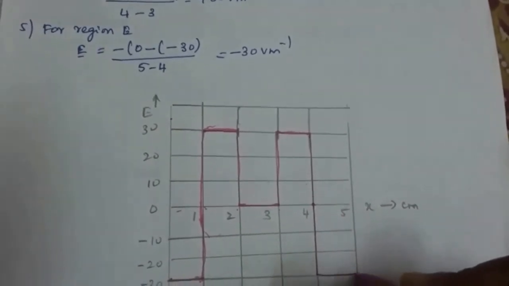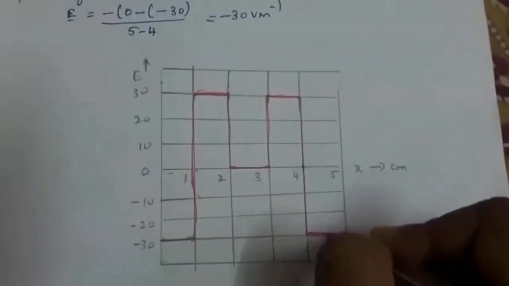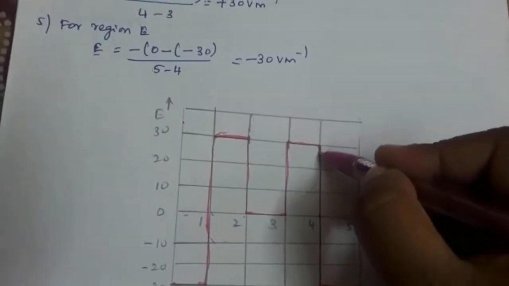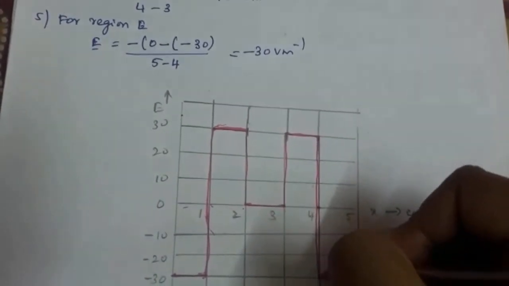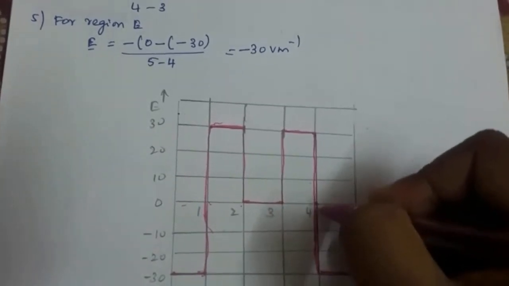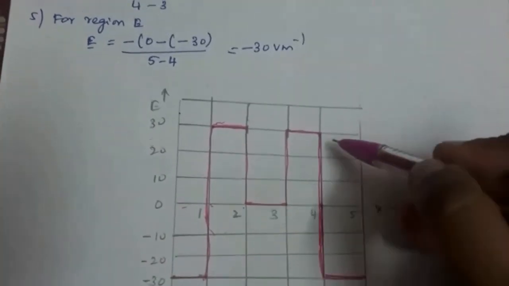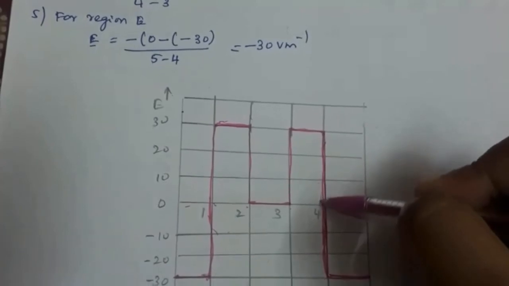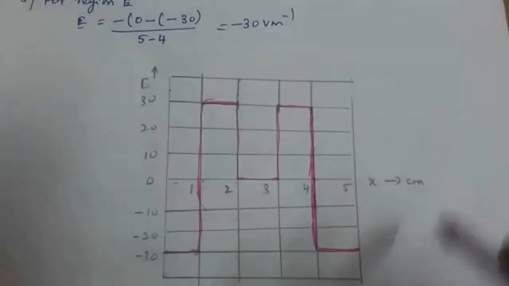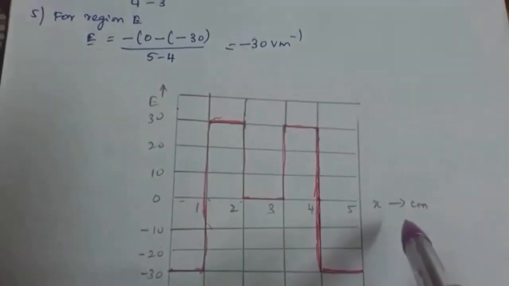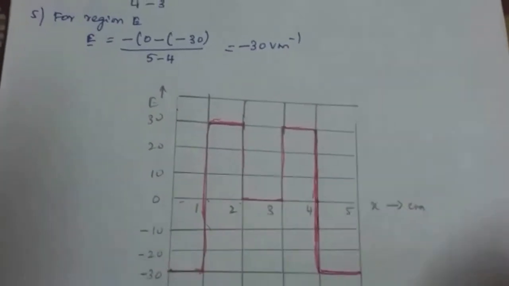So you will be getting the graph like this. So this is how we draw the graph. Here, electric field versus distance is plotted. So we have found it out and plotted it in the graph.